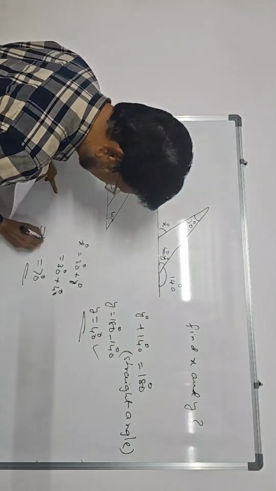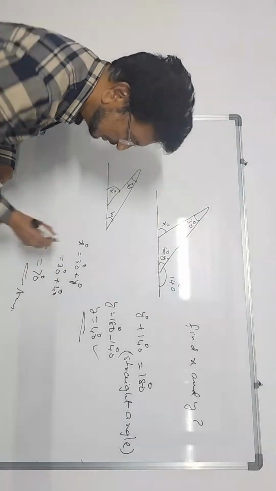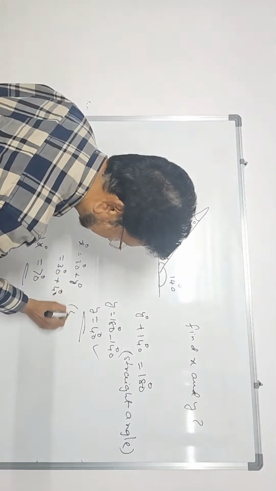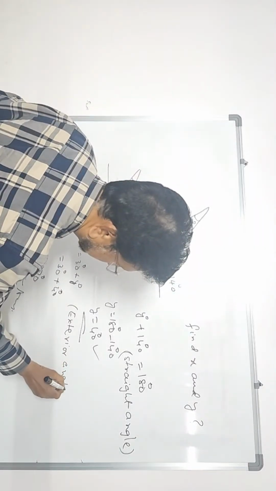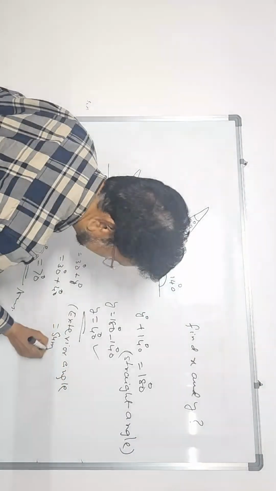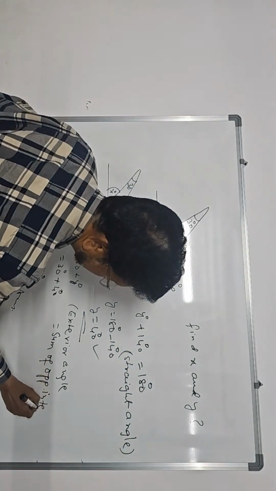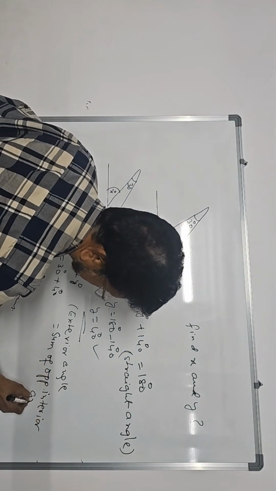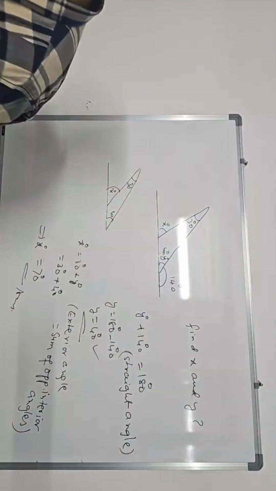The value of x is 70 degree. This also we found. You can write the property here: exterior angle is equal to the sum of the opposite interior angles. This is the property utilized. Okay.